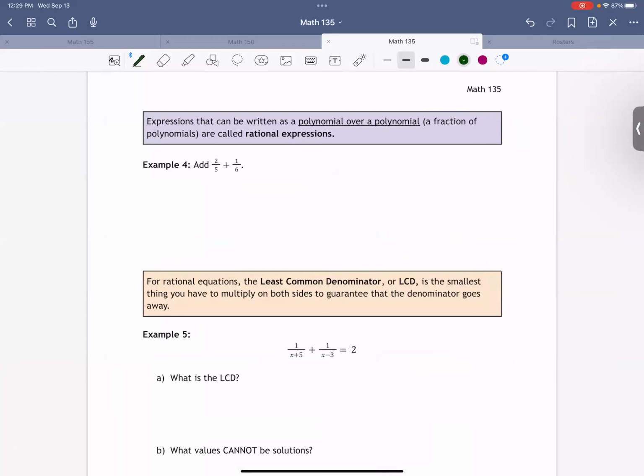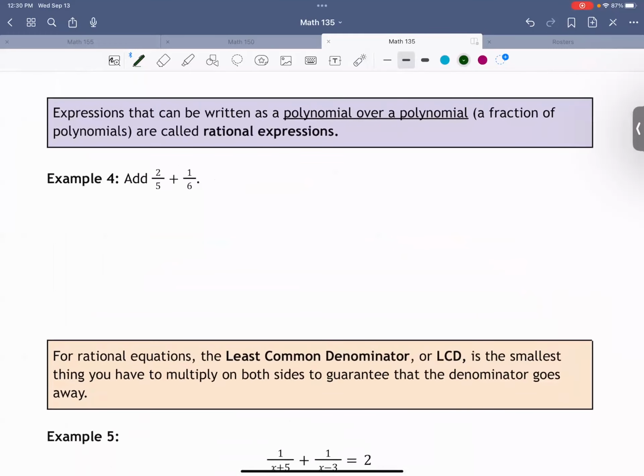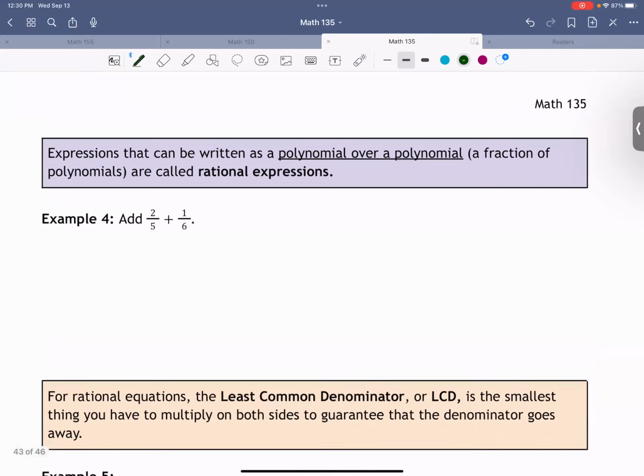But before we do that, I want to explain to you this term that will come about a lot in this class when we have to deal with things involving fractions. We're not actually going to do some examples first. First, I want to show you how to think about your solution, and then we'll talk about how to actually do them. So in this example, I have two fractions, and I just want to think about what we're going to do when we add these fractions together.